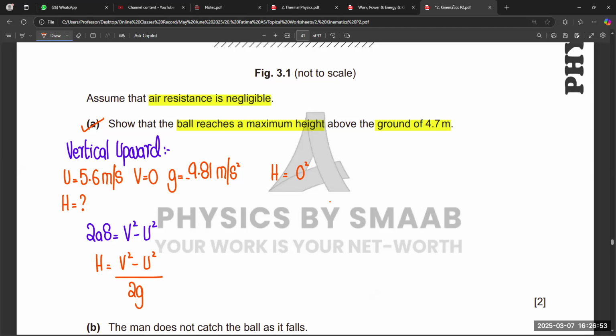And finally, v is equal to 0, 5.6 square minus 9.81.